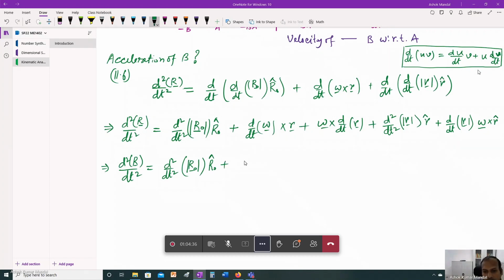So now in this case, we are calling it omega dot, the derivative of the angular velocity. And omega dot cross R plus this quantity is omega cross.